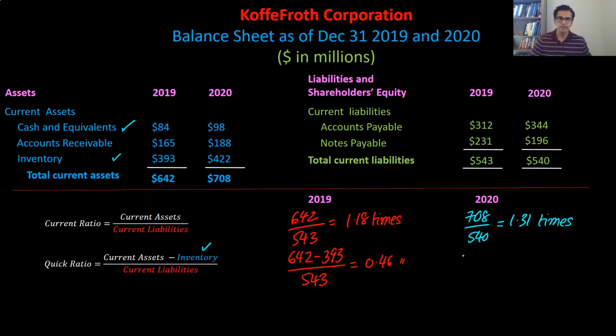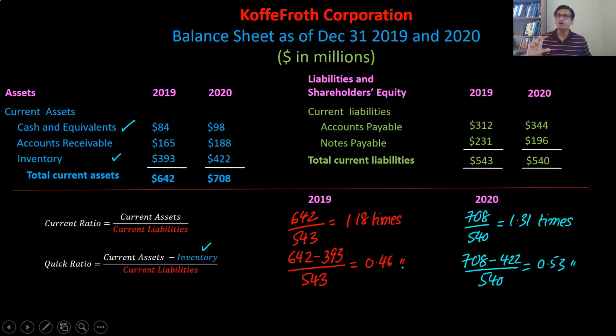Here, same idea. You start with 708, but then you subtract the inventory, which is 422, and then you divide that by 540, which will give you 0.53 times.